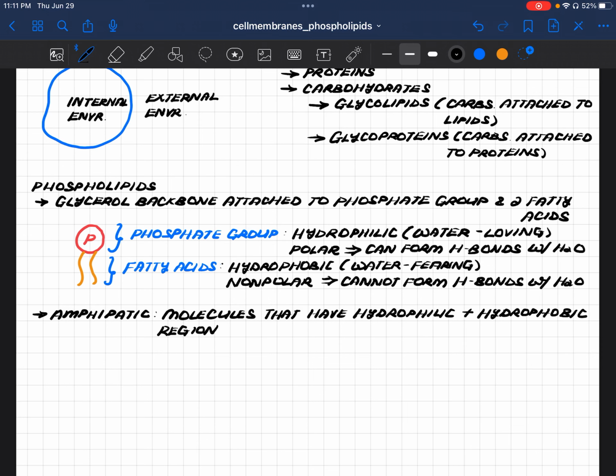So an amphipathic molecule just has hydrophilic and hydrophobic regions.